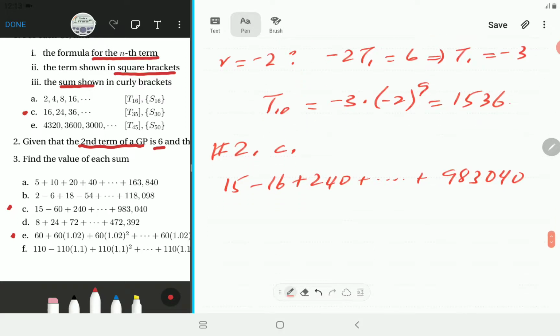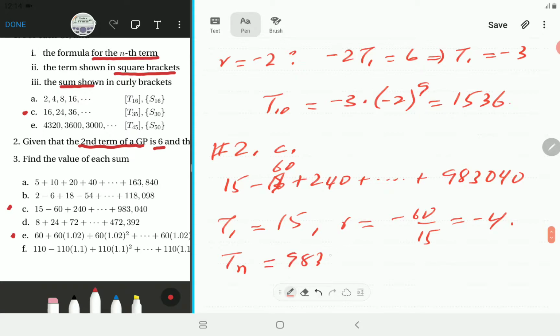Okay, so T1 here is 15. R is, sorry, this is 60 here, not 16. So R is negative 60 over 15. R is negative 4. Tn is 983,040.